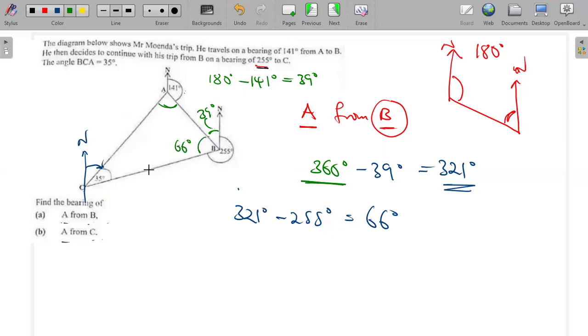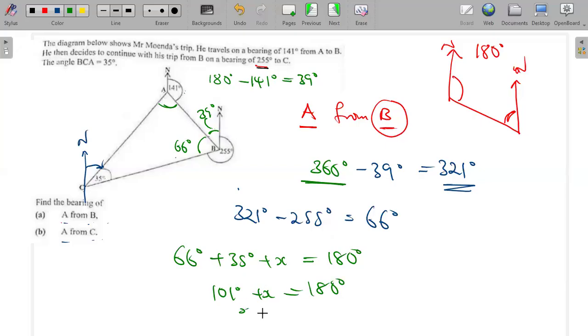So 66 degrees now and 35. This is a triangle. Angles in a triangle add up to what? 180 degrees. So I'll add 66 degrees plus 35 degrees plus x, which is this angle here on top, and that gives me 180 degrees. 66 plus 35 gives me 101 degrees, plus x is equal to 180 degrees.